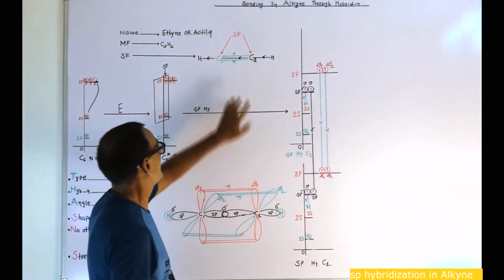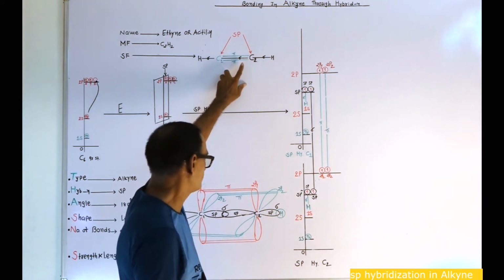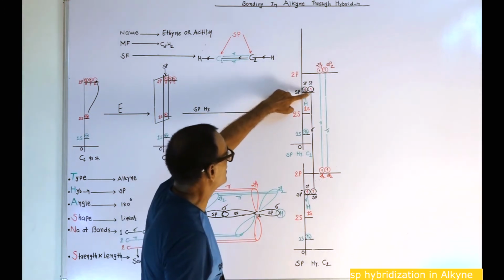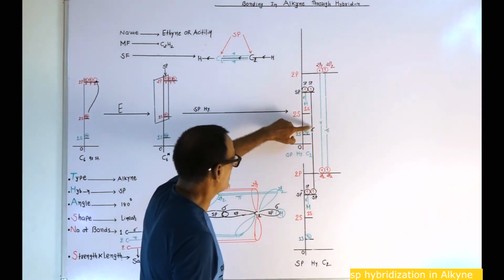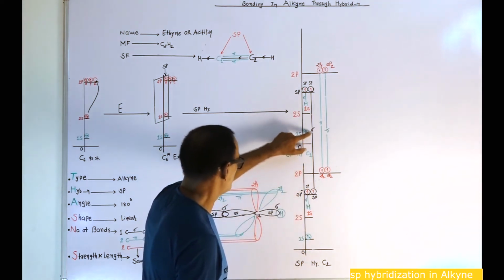Now see, C1 और C2 के बीच एक सिग्मा बॉन्ड है. One sp hybrid orbital of C1 will overlap one sp orbital of C2 and form a sigma bond.